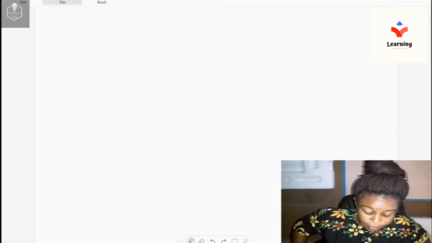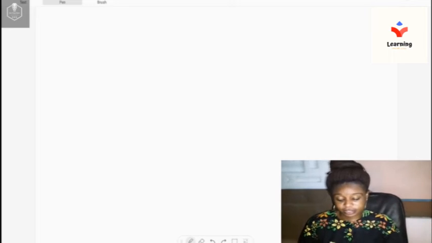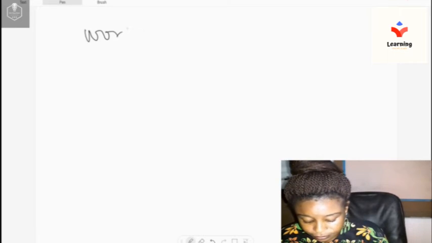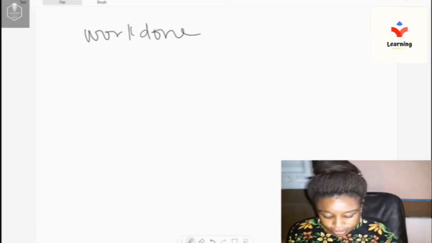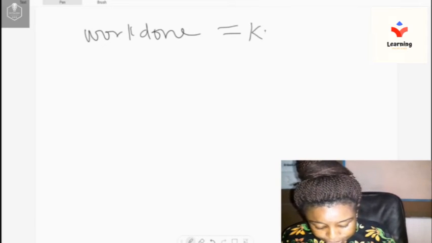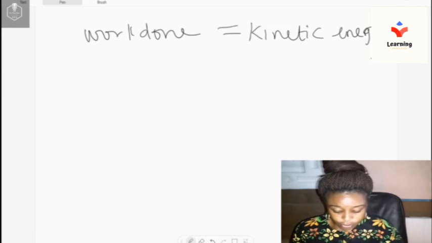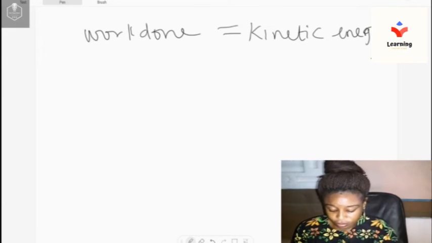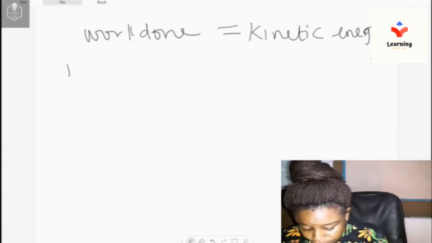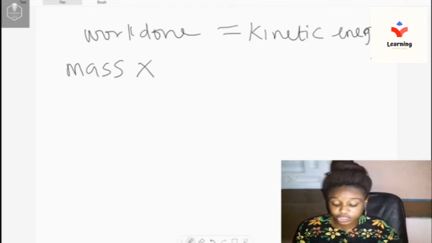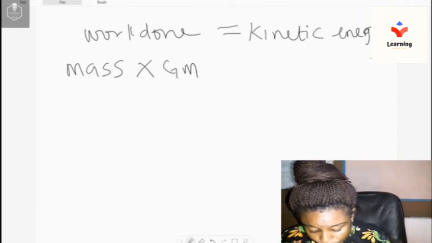From the definition of escape velocity, we can see that the work done in taking the mass from the Earth's surface to infinity is equal to the kinetic energy of the object. To calculate the work done, it is the mass of the object times the gravitational potential, which is Gm over r.